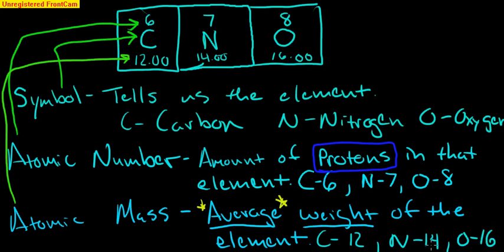Got that straight from the periodic table. Nothing fancy there. These up here are the elements, and we found that on the periodic table. So let's move on to the next topic.